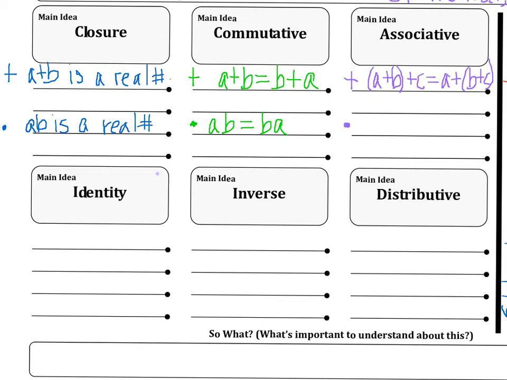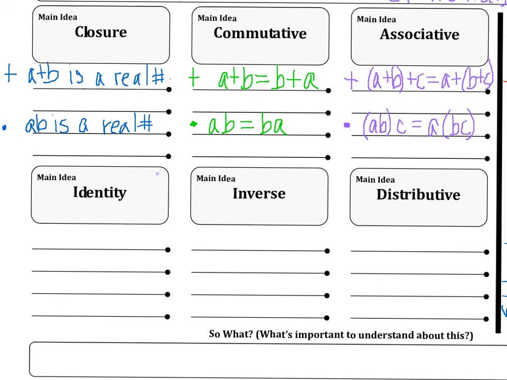Notice the order stays the same. For multiplication, our associative property of multiplication says (a times b) times c equals a times (b times c). Again, the order stays the same. The grouping symbols are what move. We're associating different things together.